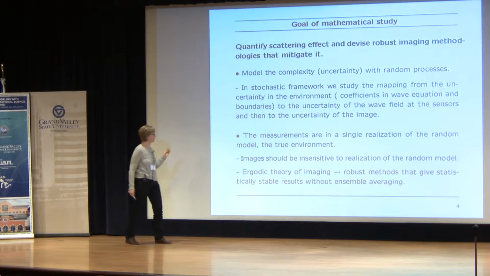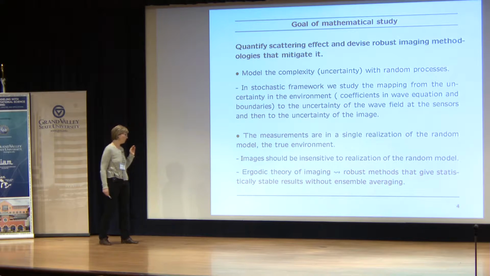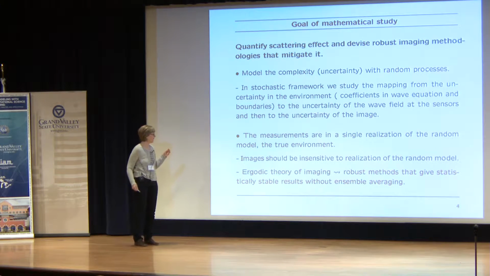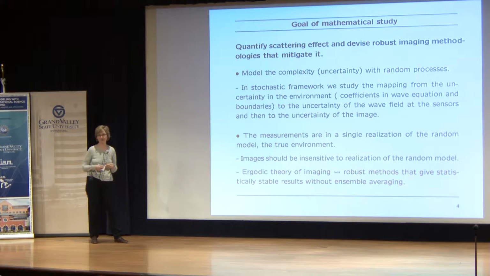And what we want is what we call robust imaging. It means that we want images which are basically insensitive to the scattering effects of the complex environment. So we want images that look essentially the same, independent of the realization of the random environment. And we only have one realization of the medium in which we measure.